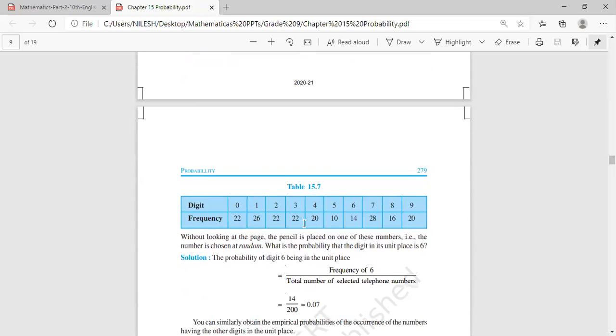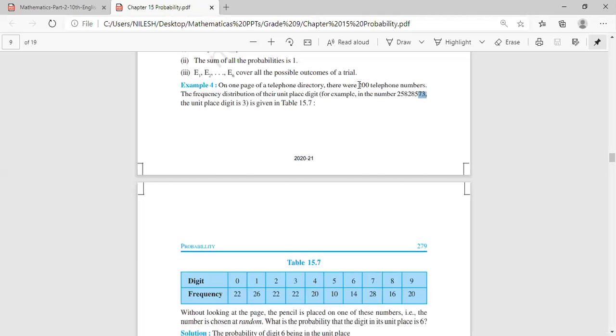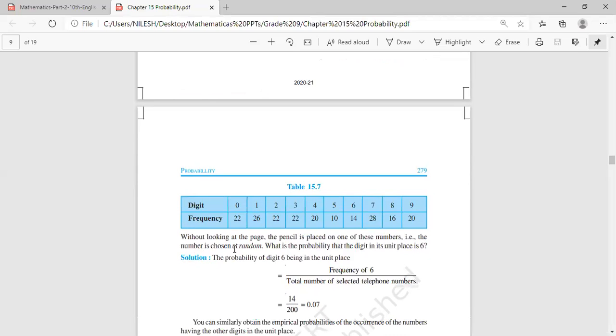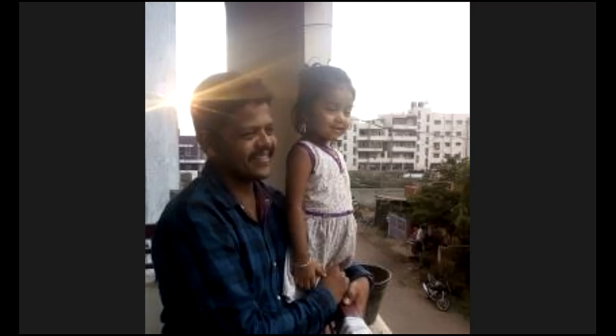Now, how many numbers have they checked? 200 telephone numbers they have checked. Now, what are they saying? Without looking at the page, a pencil is placed on one of those numbers. See, there is one page, and on one page 200 telephone numbers are there. Somebody will have 0 in the unit digit, somebody will have 1, somebody will have 2, 8, 3, 4, 5.